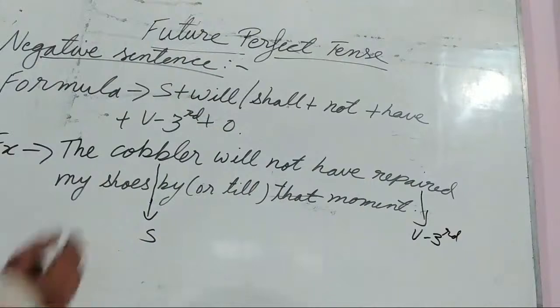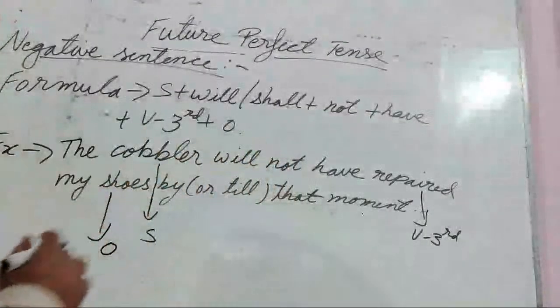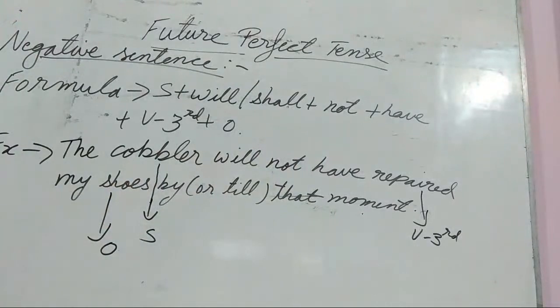Your shoes is your object, and that moment denotes by or till that moment. So according to the formula, the example is the cobbler will not have repaired my shoes by that moment.